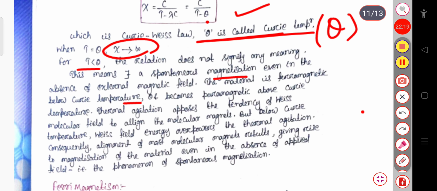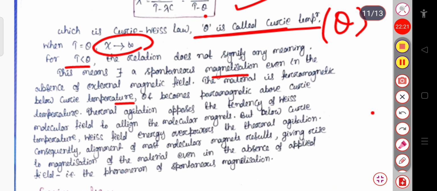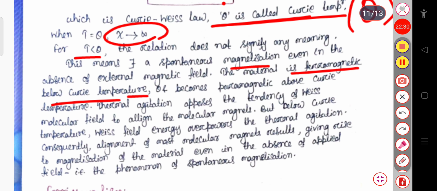So this is written here. You can see the material is ferromagnetic below the Curie temperature, and it becomes paramagnetic above the Curie temperature. The thermal agitation opposes the tendency of the Weiss molecular field to align the molecular magnets.